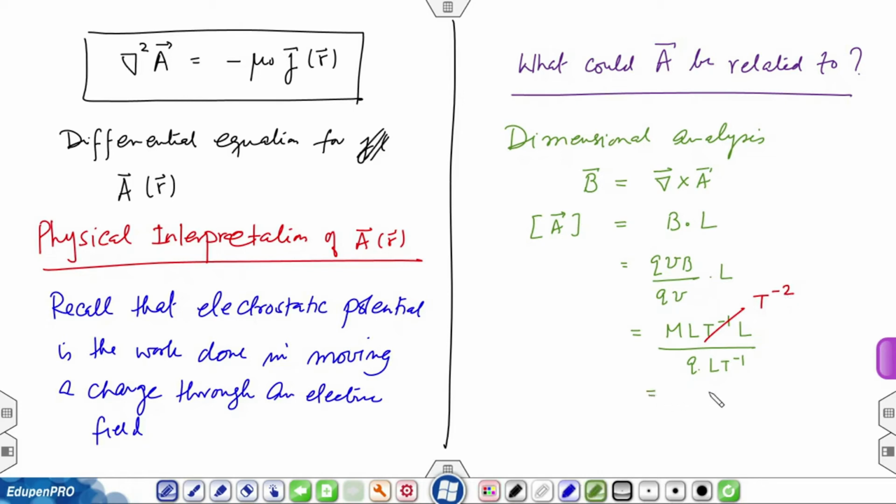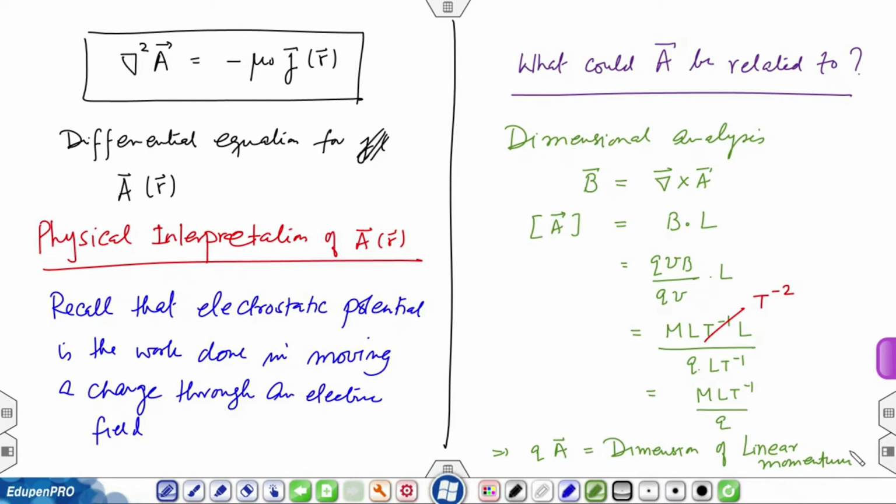So, this comes out to be m L T minus 1 over q, which implies q times A has dimensions of linear momentum. We will see in some other courses, or you may have seen it in your classical mechanics, that q times A is added or subtracted from linear momentum of a particle to define canonical momentum. So, this is somehow related to the momentum of a particle. Beyond that, we will not go right now.